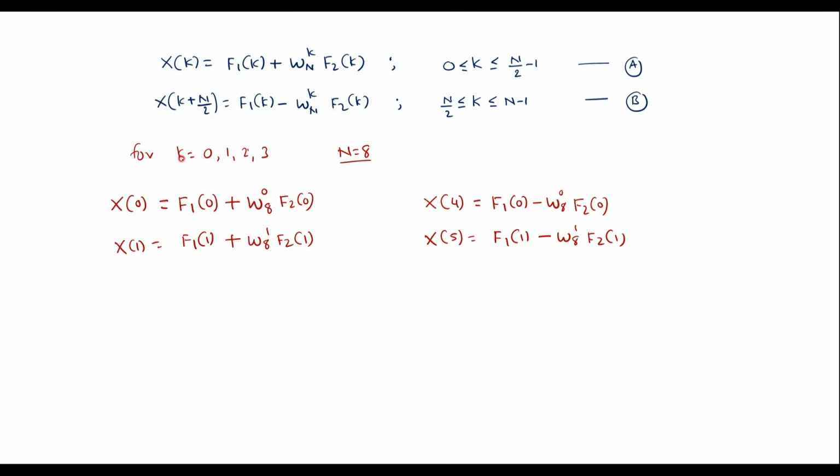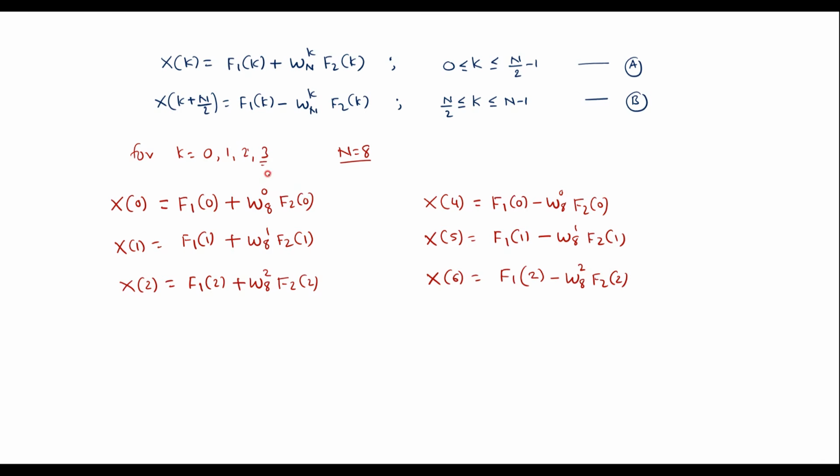Similarly, for k equal to 2, it will be x of 2 is equal to f1 of 2 plus w8 power 2 f2 of 2. Similarly, substituting k equal to 2 in this equation, that is 2 plus 4 is 6. X of 6 equal to f1 of 2 minus w8 power 2 f2 of 2.